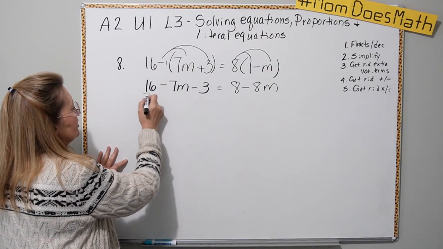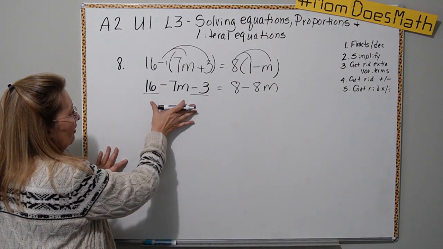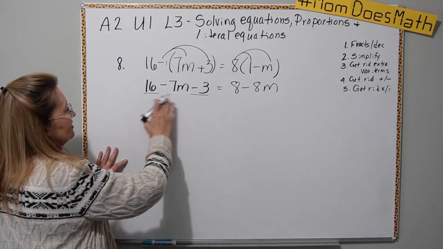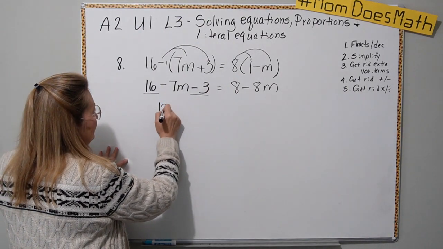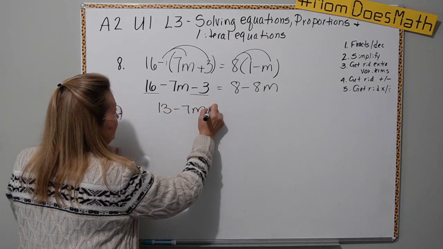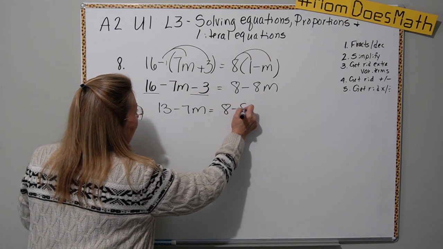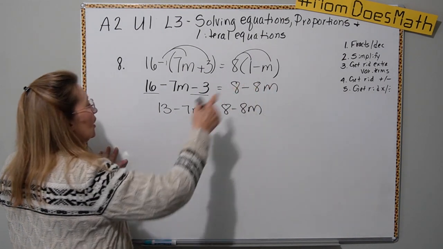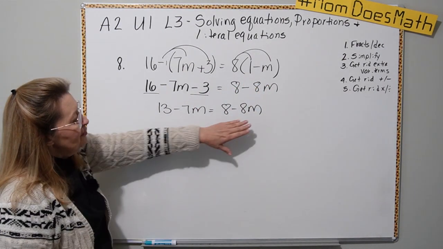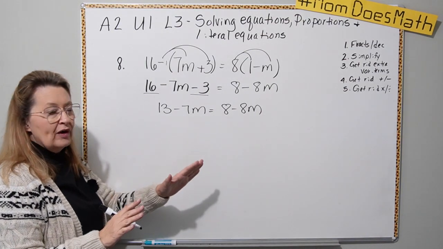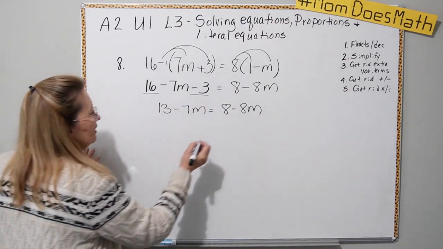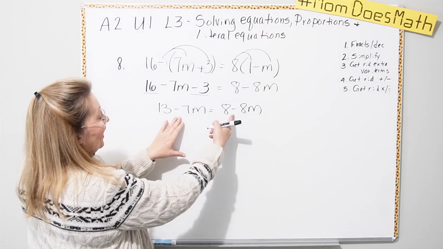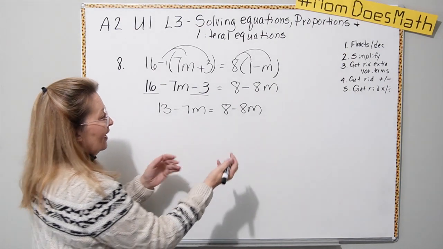Okay, let's come back over here. There's still some simplifying to be done. I have 2 constants. So I can do 16 minus 3 gives me 13 minus 7m is equal to 8 minus 8m. I have a minus 7m and a minus 8m. I need to get rid of one of those. That's step 3. Since they're both minus, I've got to add either way.